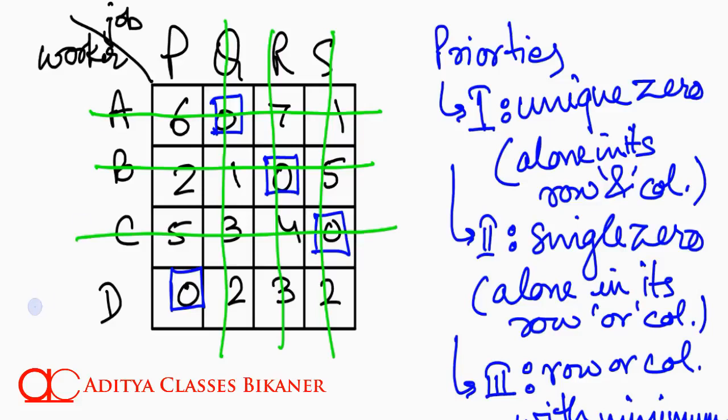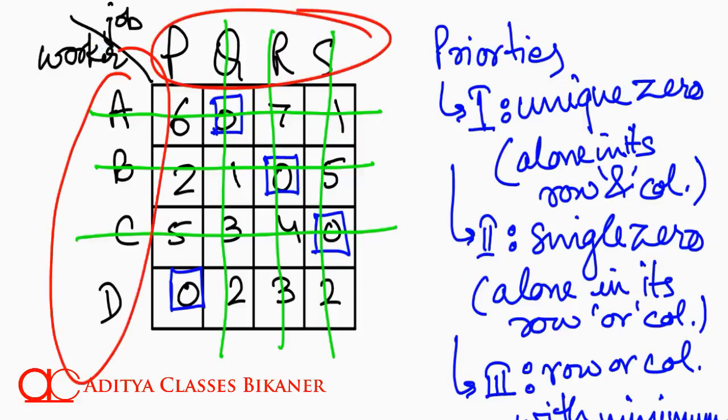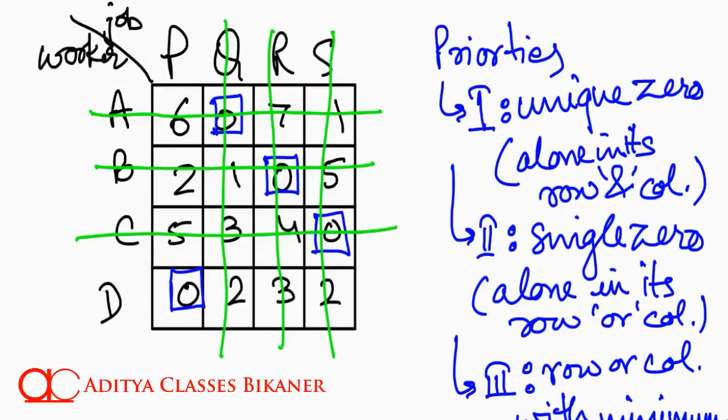Now, I had 4 workers to start with. Have I assigned all these workers to all the tasks? Let us check. A is doing a task. Definitely B has been assigned to a task. C is assigned to a task. D is assigned to a task. Every worker is assigned to some task. What about tasks?